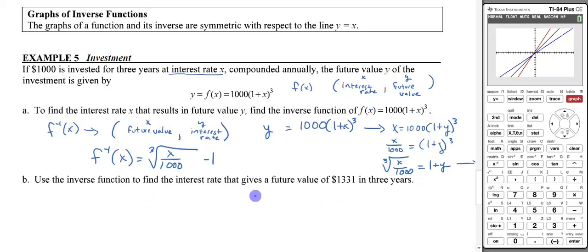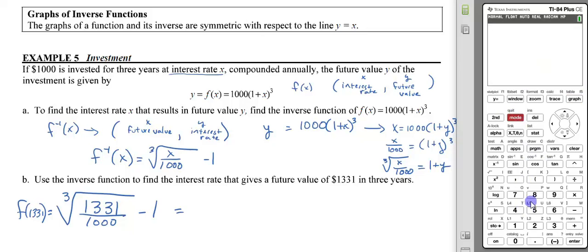That's the $1,331, and simplify from there. So we're taking f of $1,331. Okay, we'll just put this into the calculator now.